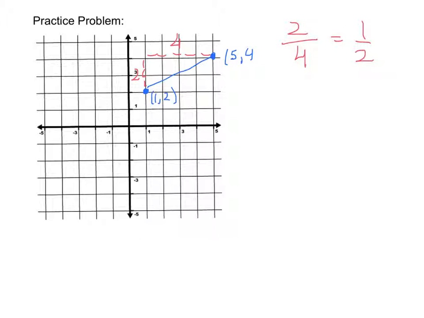But it's not always going to be that simple, so it's really good to know how to use our formula. Our formula says y2 minus y1 over x2 minus x1.